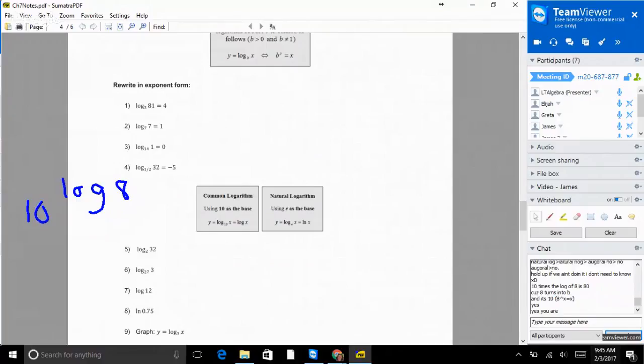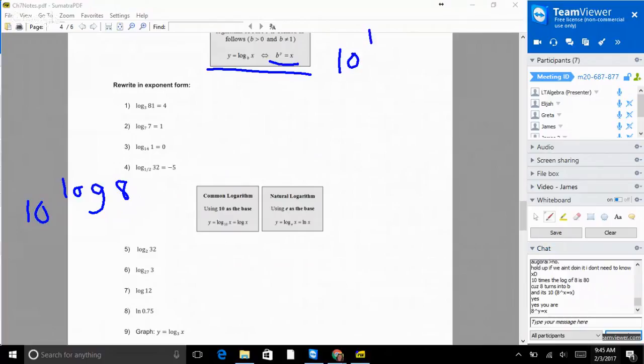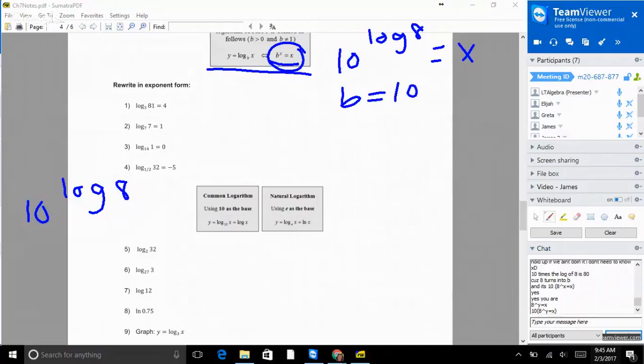We have it written like this: y equals log base B of x, and that's similar to B to the y equals x. So if you look here, we've got 10 to the log of 8 equals x. That means that our B is 10 and our y is log of 8.